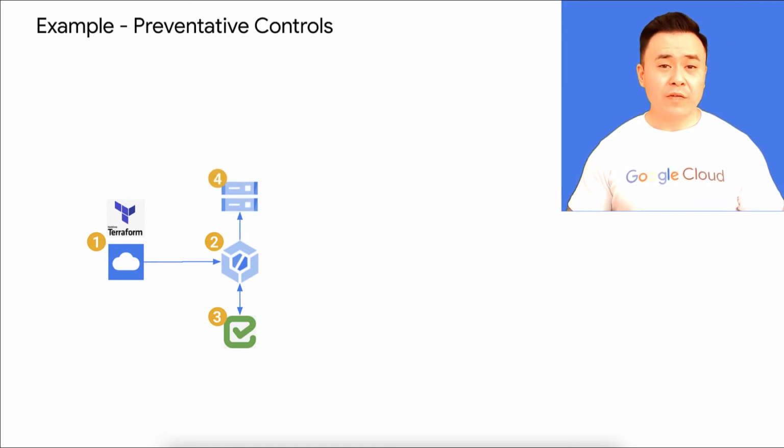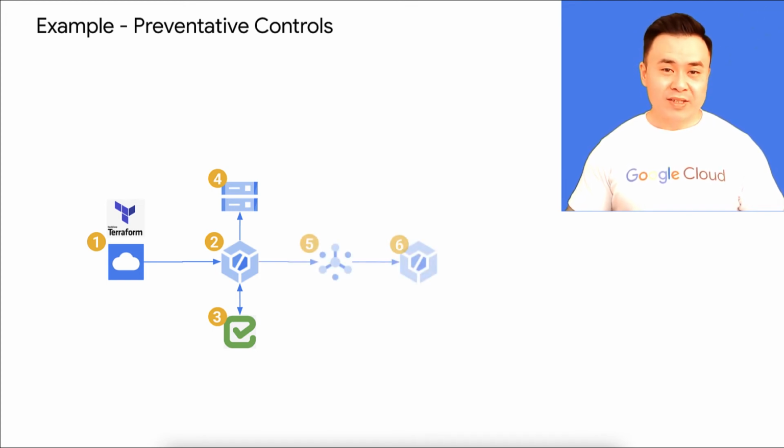If my code fails this scan, Cloud Build is going to stop, and I can find out where my code went wrong, which part was insecure, and what I could do to fix it. If my code passes this scan, the Cloud Build is going to send a message to Pub/Sub, which will then trigger the second Cloud Build.